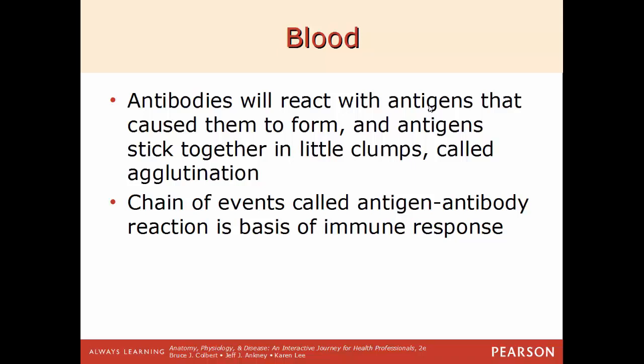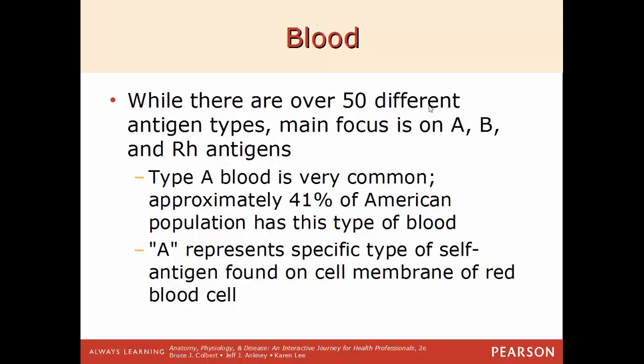So in addition to this, you have a series of events called the antigen-antibody reaction, which is the entire basis of the immune response. While there are over 50 different types of antigens, the main focus is on A, B, and then Rh antigens. Type A blood is very common. It's about 41% of the American population that has this type.